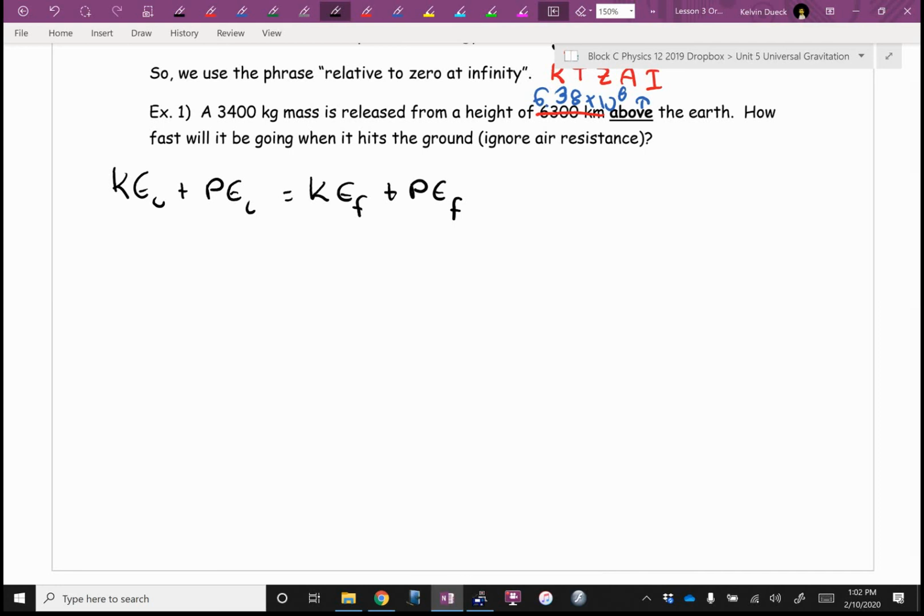So I'm going to write this as a half m v initial squared plus mg. Oh, no, I can't go mgh. Are we cosmic here, Caleb? Plus negative big G, big M, little m over R initial equals a half m v final squared.